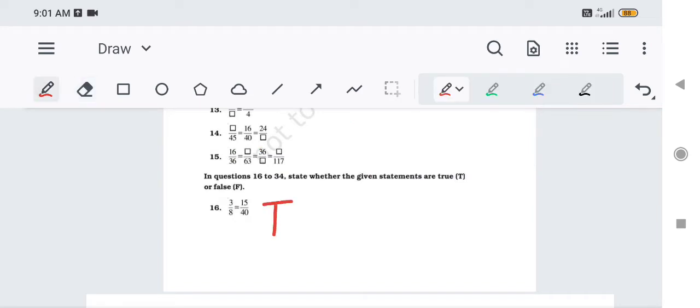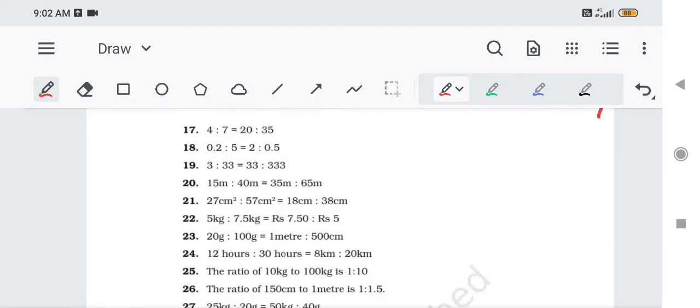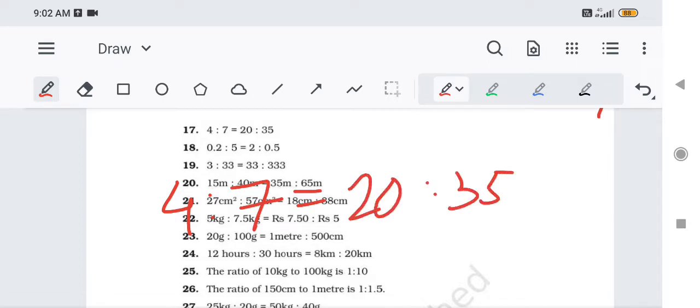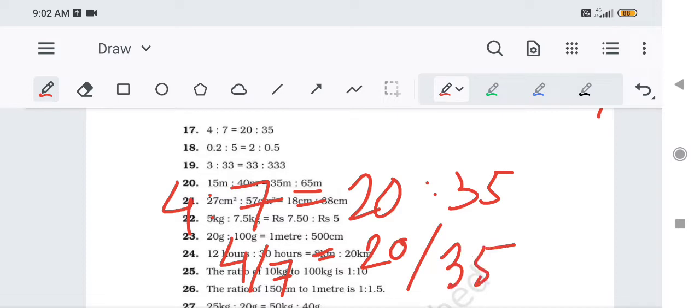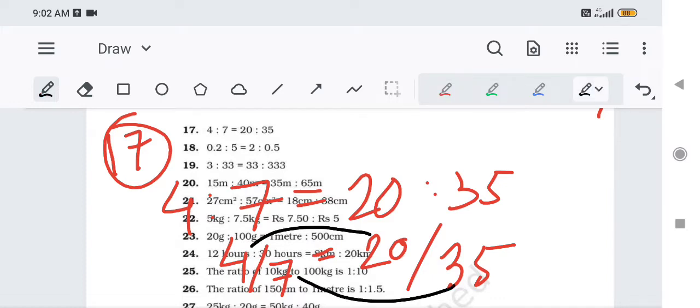Let's come to the next one. Here in the next question it is written 4:7 is equal to 20:35. Here also we will do the same thing, but before that we have to convert these two ratios into fractions, as I am doing. Simply the same procedure, we will check whether these two fractions are equivalent or not.